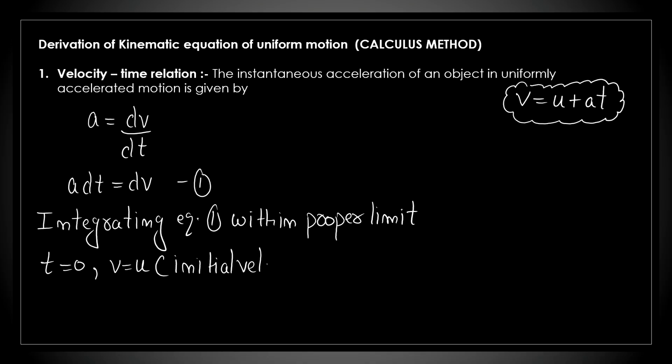When t equal to t, the object is at final velocity, which is v.